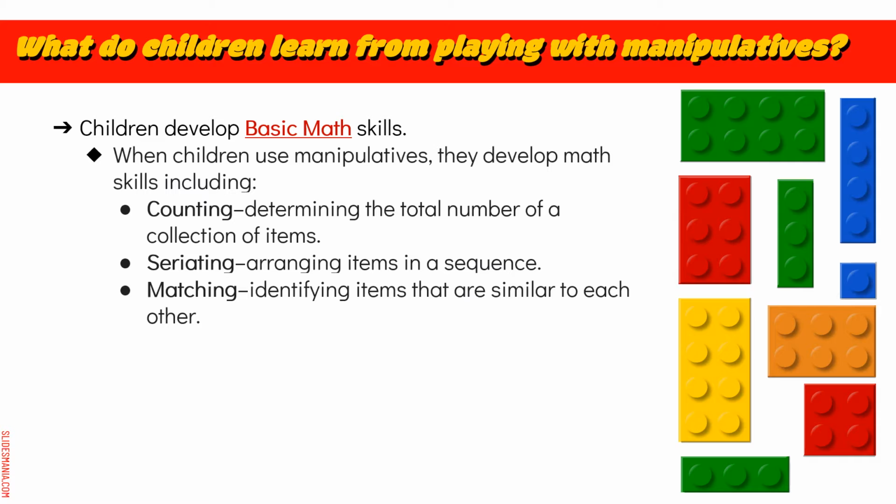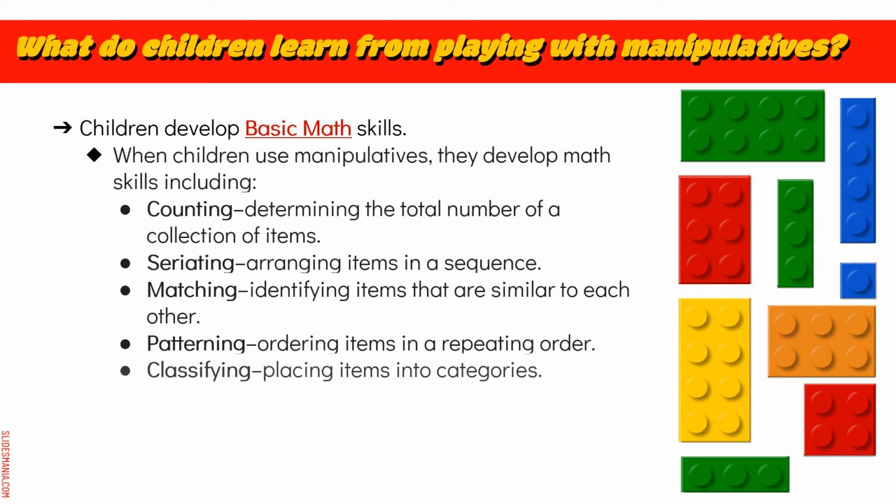Matching is identifying items that are similar to each other, such as all the blue items or all the square items. Patterning is putting items in a repeating order, such as blue, green, blue, green, blue, green, etc. Classifying is placing items into categories.